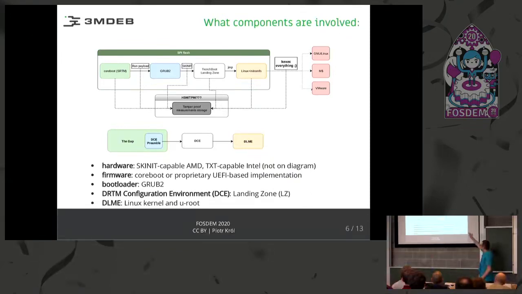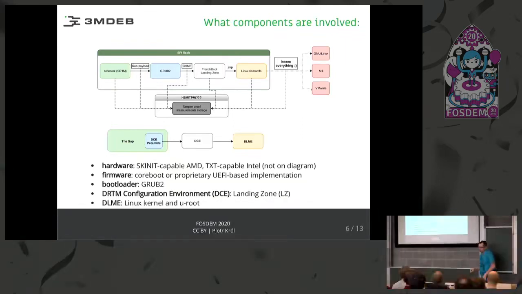We're running a payload, which is still in SPI flash. This payload is GRUB. GRUB implements all the things that are necessary for preparing the environment for running SKINIT, which is a special hardware command equivalent to the dynamic launch event that I showed on the previous slide.